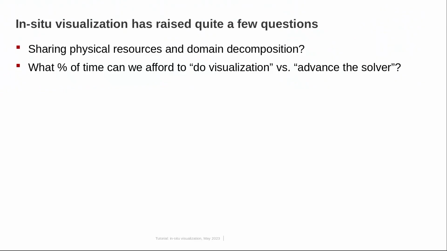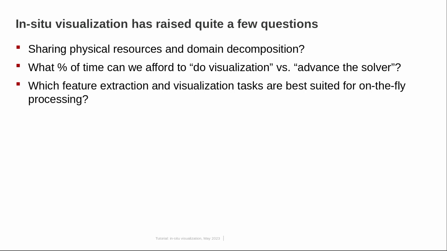Again, is the visualization task something quick, or does it actually take more than an iteration step of your solver? There's a trade-off here, and you'll have to decide what to do. Since we are doing things on the fly with a running simulation, it usually means that the previous time step is not available anymore.